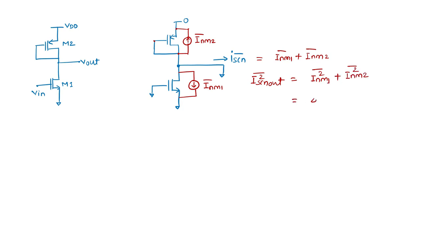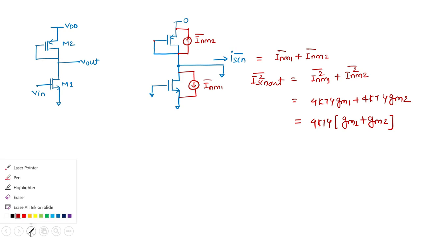So it is the same: 4kTγgm1 plus 4kTγgm2. So there is no difference between the previous circuit and this circuit in terms of noise. They are the same.